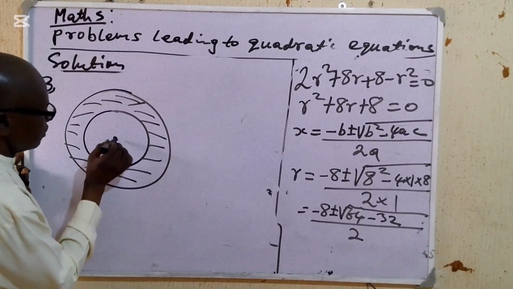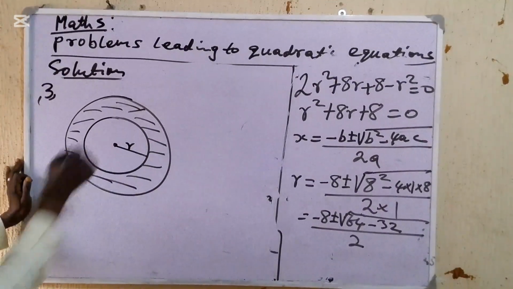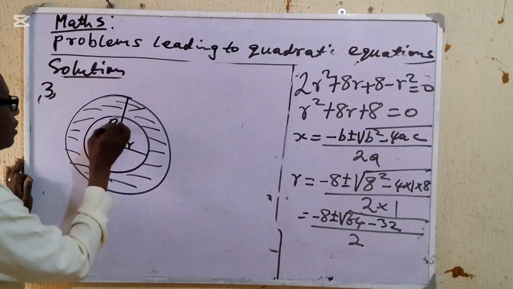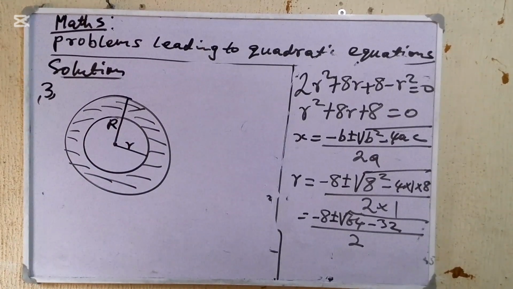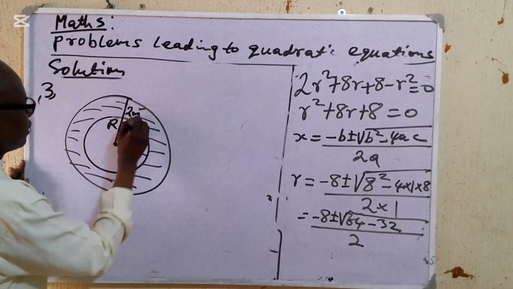So let us take this to be our small r, and then from here to the center should be our capital R. And remember, we were told that this is 2 meters wide.